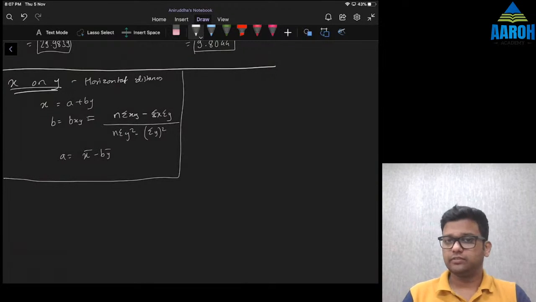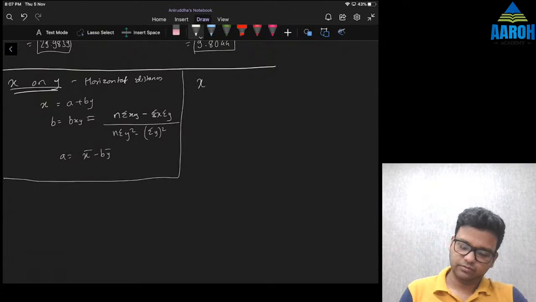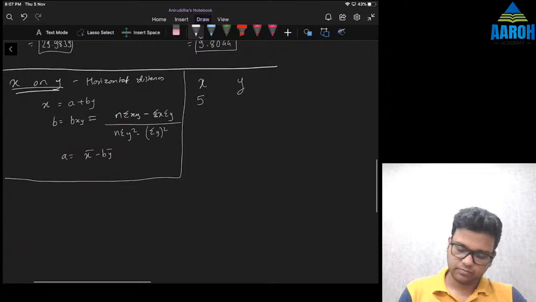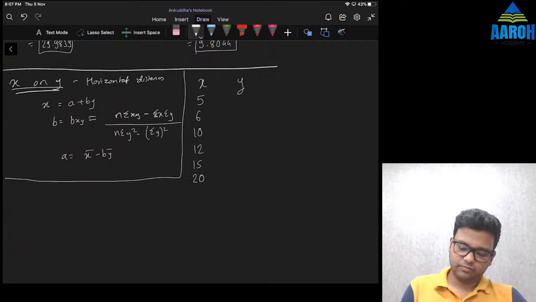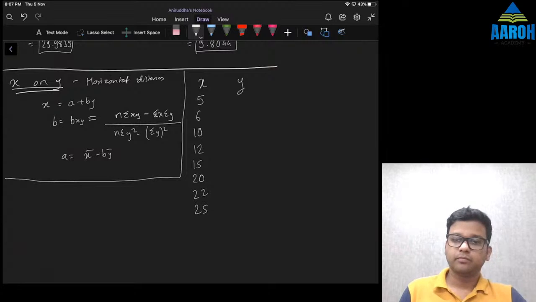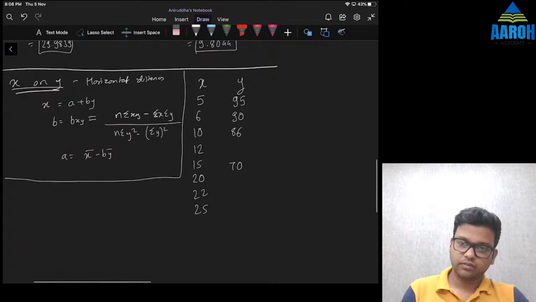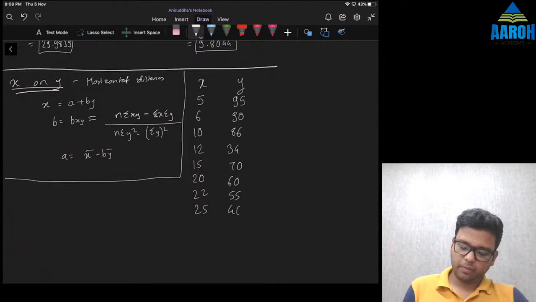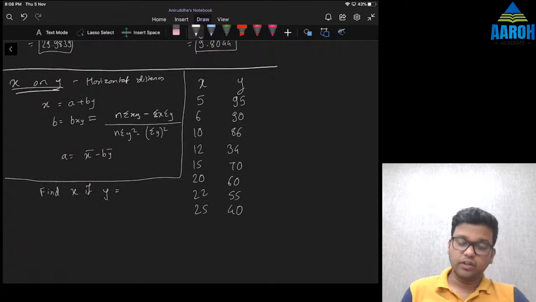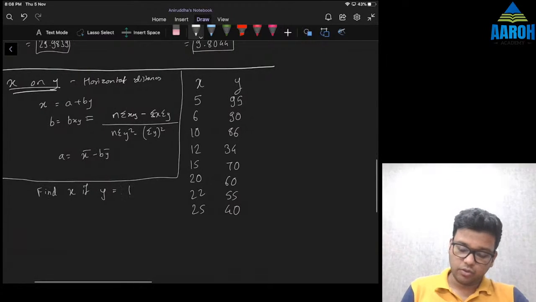Sanika, I hope you have got the previous answer. Try to find x if y is equal to 100.